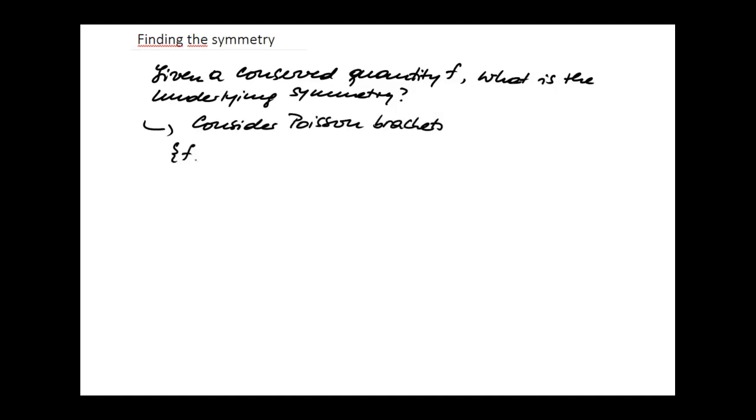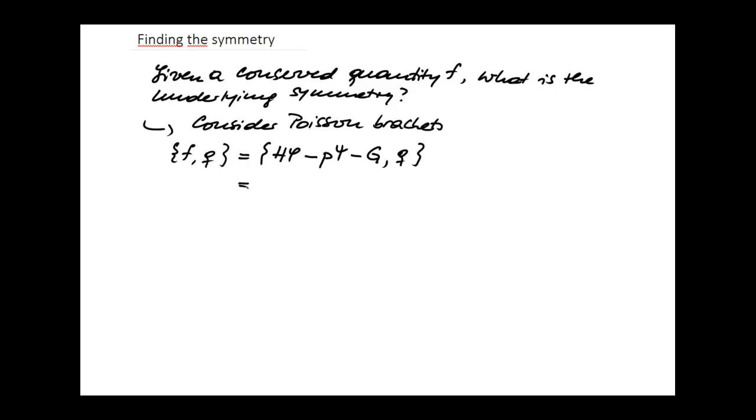Consider first the Poisson bracket of this conserved quantity f with q, the configuration coordinate. Well, the conserved quantity, given that it comes from some symmetry that we still want to discover, must have the form Hamilton function times phi minus p psi minus g, and you take the Poisson bracket of that with q.